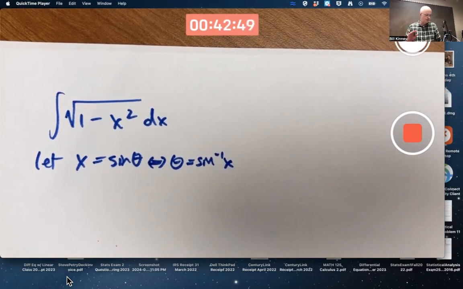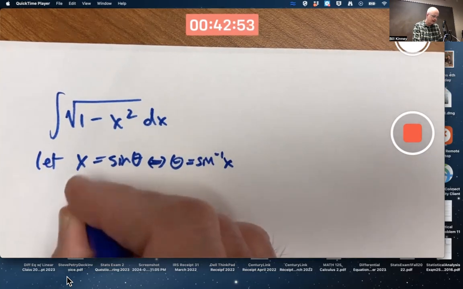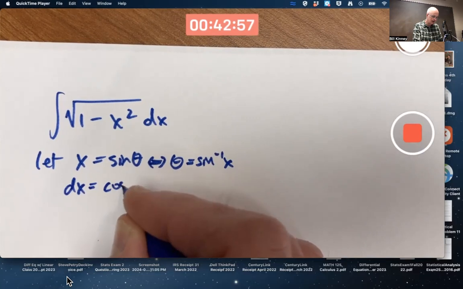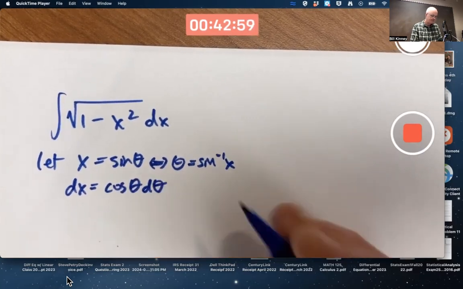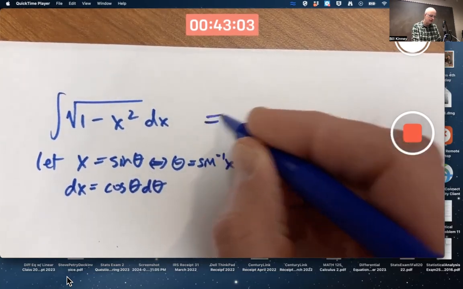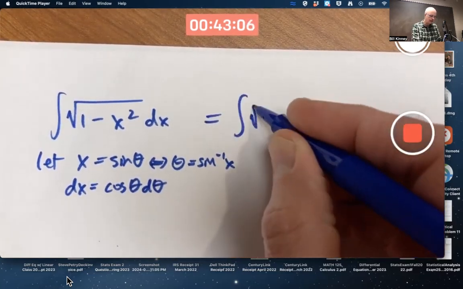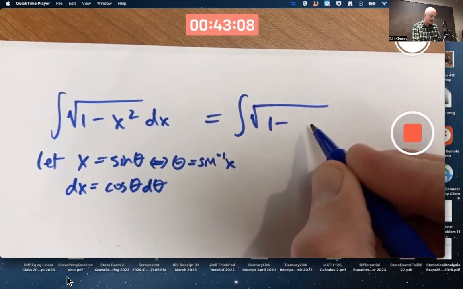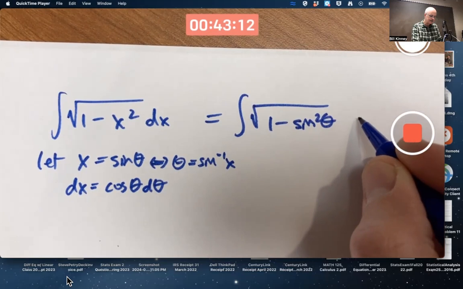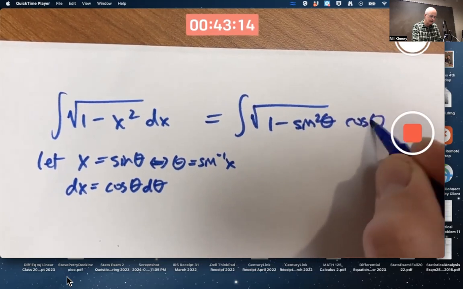But we don't worry about domains too much here. We've got to find dx. If x is sine theta, then dx is cos theta d theta. So using this substitution, you get the integral of square root of 1 minus x squared gets replaced by square root of 1 minus sine squared, and dx gets replaced by cos theta d theta.